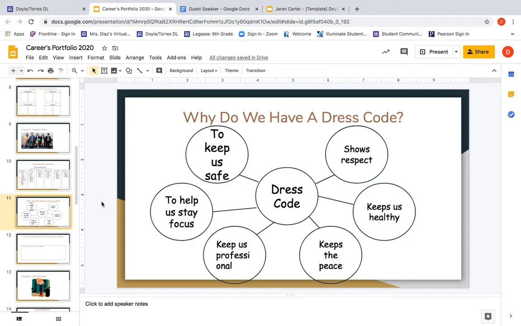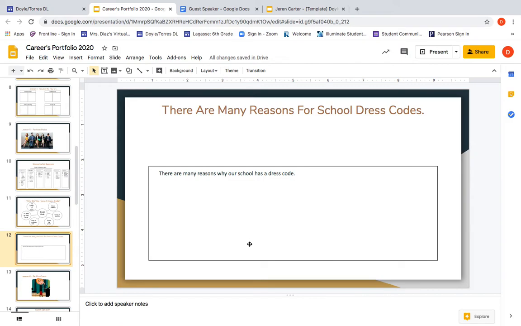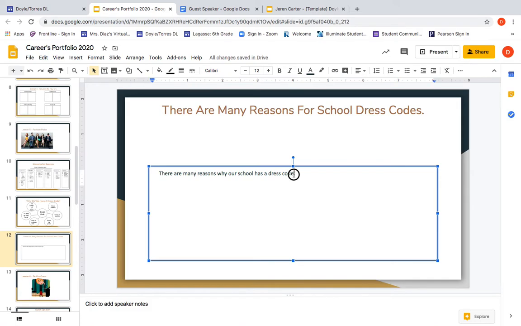But when we write out our essay or our paragraph or story, whatever it is that we're thinking about, those ideas need to be turned into complete sentences. So please don't list all of the reasons that I put on slide 11. They need to be written in complete sentences. I'm going to show you what I mean.